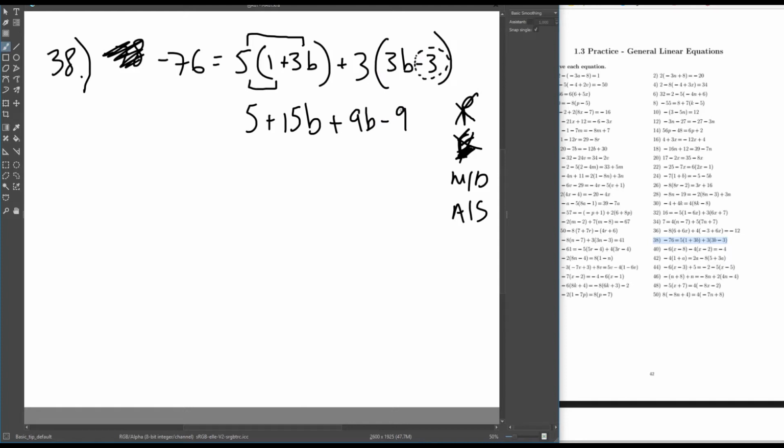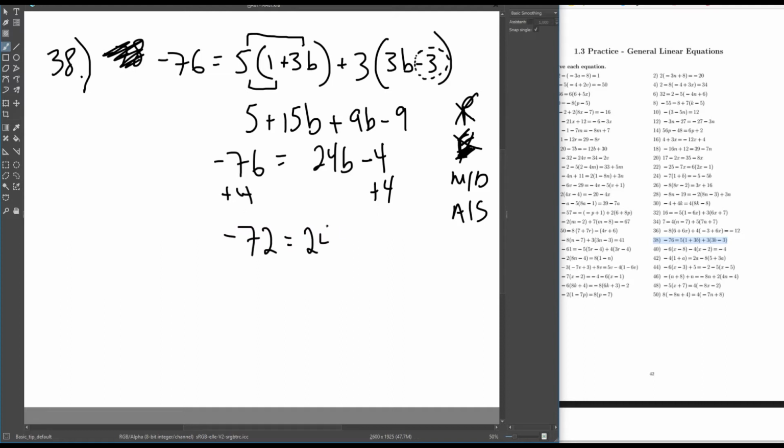All right, 15b plus 9b is 24b. 5 minus 9 equals minus 4. That equals minus 76. I have to add 4 here and add 4 there to get rid of that negative 4. I get minus 76 plus 4 equals minus 72 equals 24b.